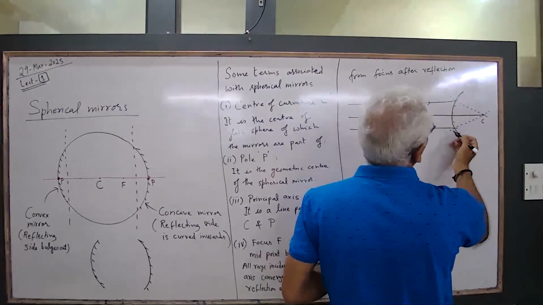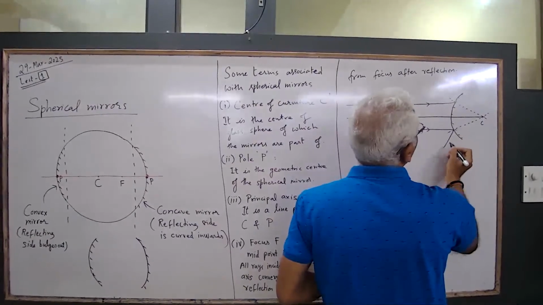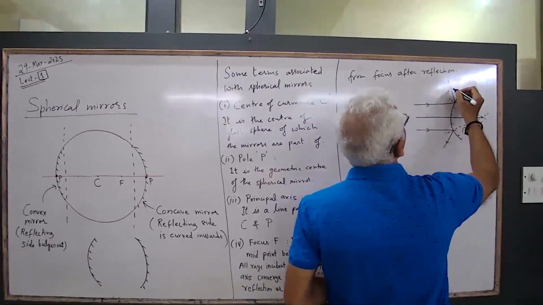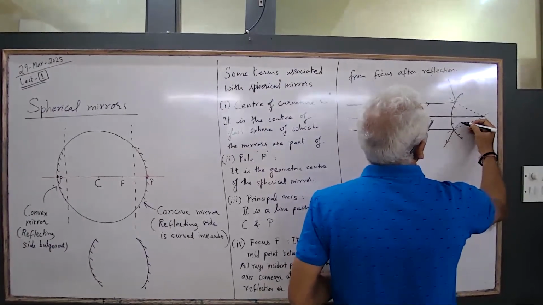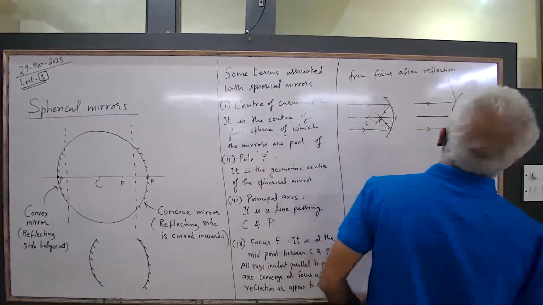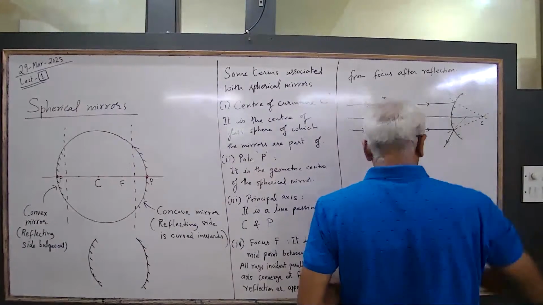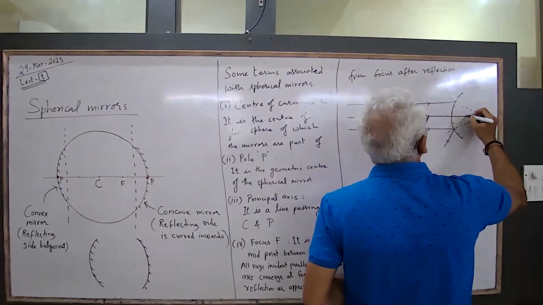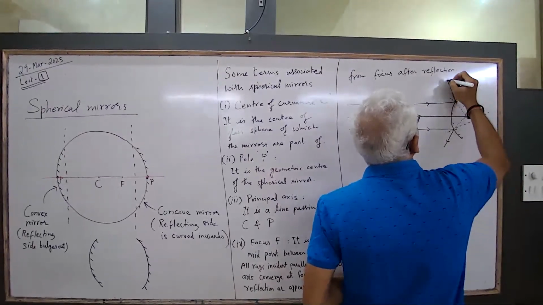So now once you have normal, now you can draw the reflected ray. So this is the reflected ray. Here also the reflected ray will be this way, right? So now when you extend it backward, you will find this will also come. Angle made is bigger. You will find that this also comes. So this is the reflected.